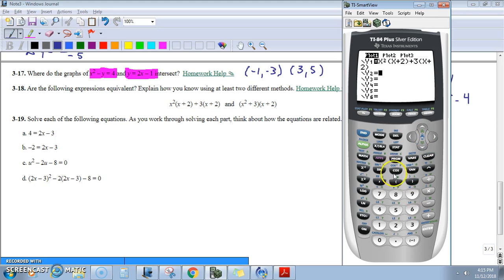Although I feel like this is probably the long way to do it. And then the other side is x squared plus 3 times x plus 2. Then let's just do a zoom 6 and see if it gives us the exact same line.